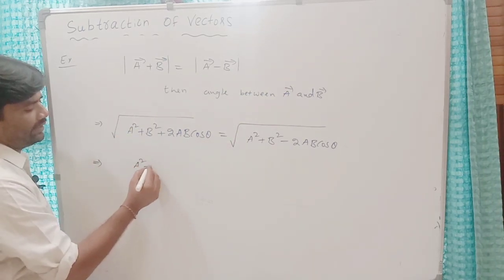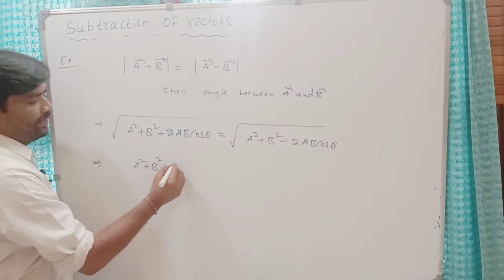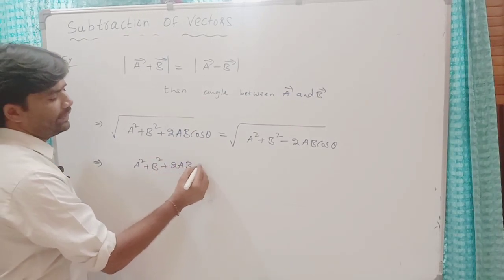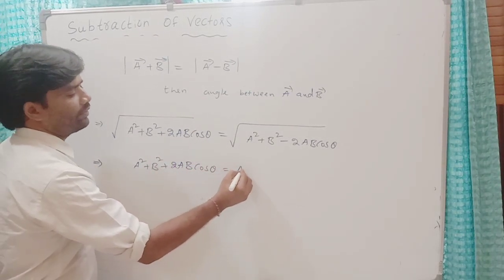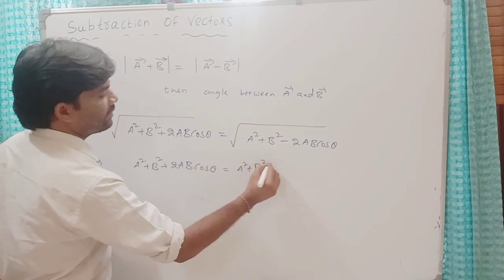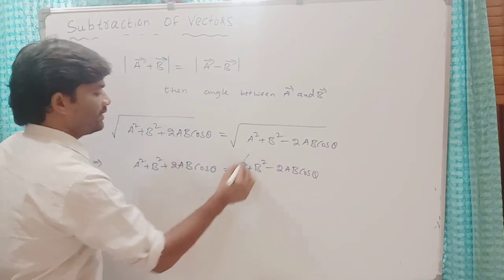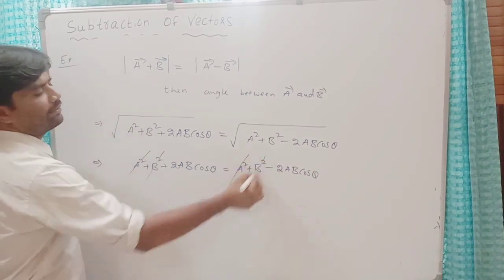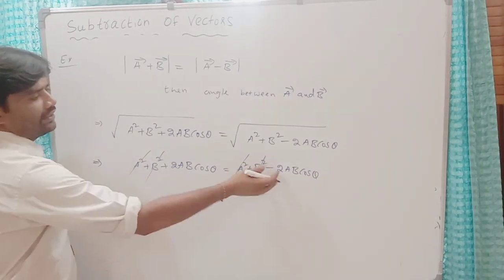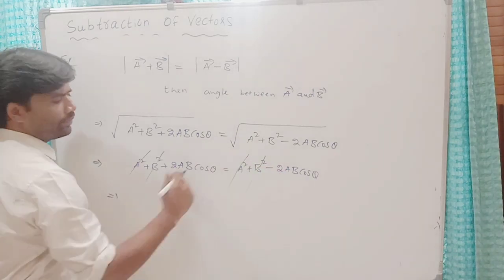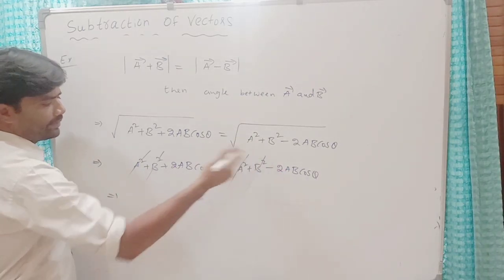So you will have A square plus B square plus 2AB cos theta equal to A square plus B square minus 2AB cos theta. This A square, B square and B square cancel. Write this minus 2AB cos theta on this side, it becomes plus.